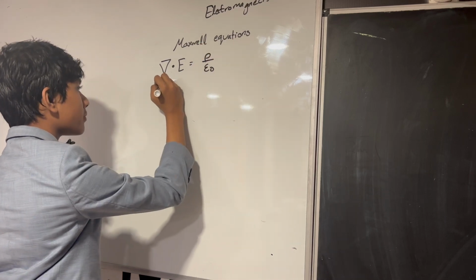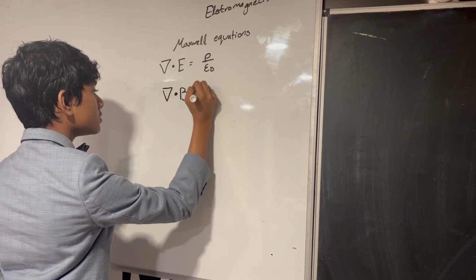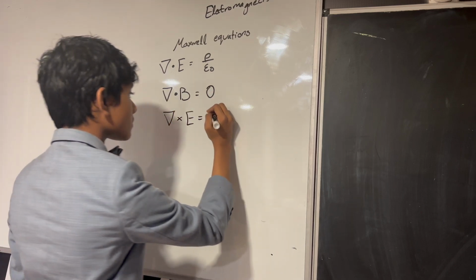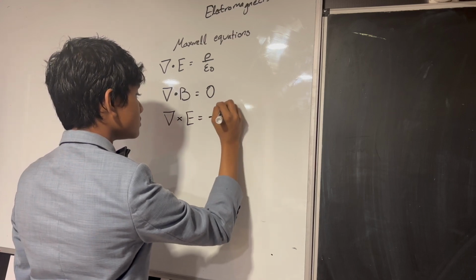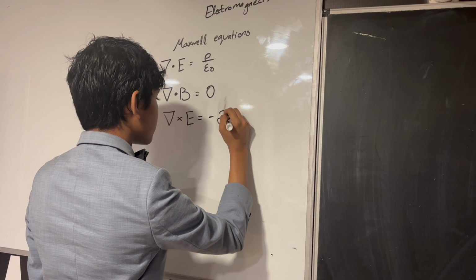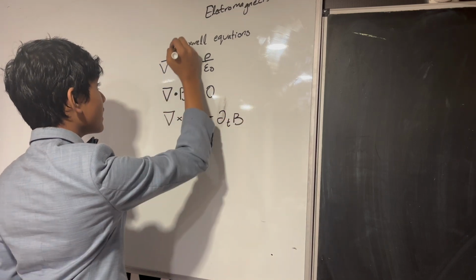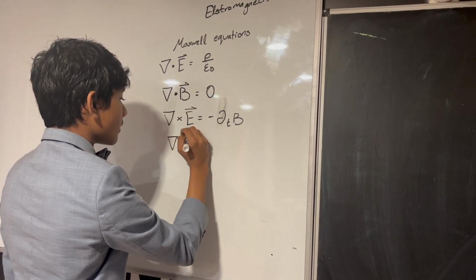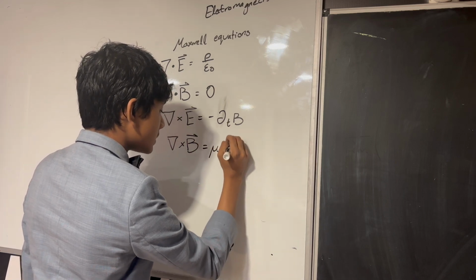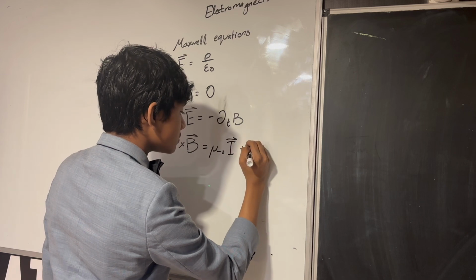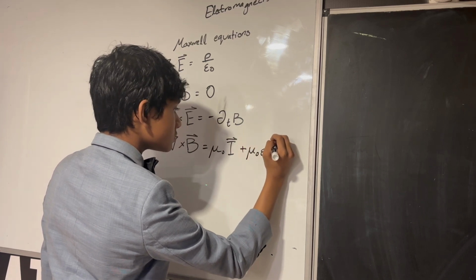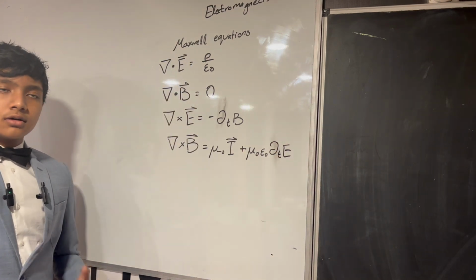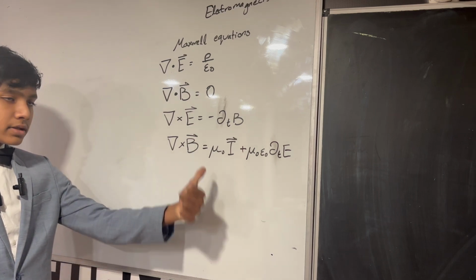Number 1, number 2, I'll write this in short form, number 3, and I guess I'll add vector signs, number 4. All right, there we go. These are what we're building up to.